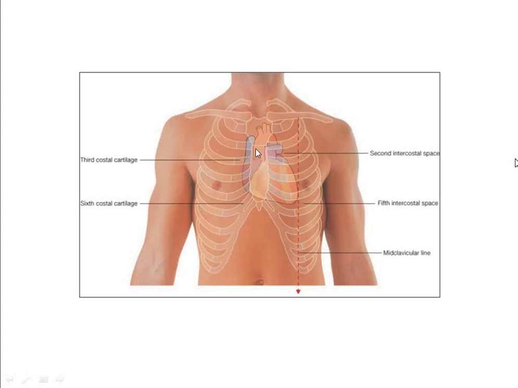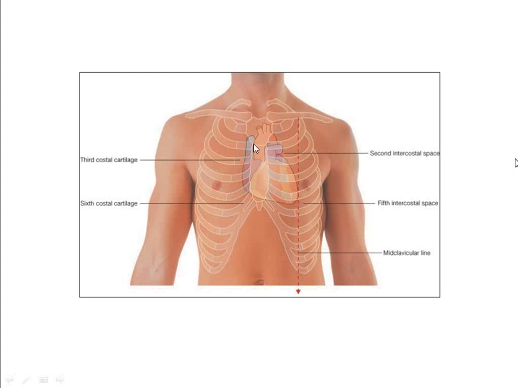So you can see that the ascending aorta begins at the level of third costal cartilage on the left side and ends at the level of the second costal cartilage on the right side.